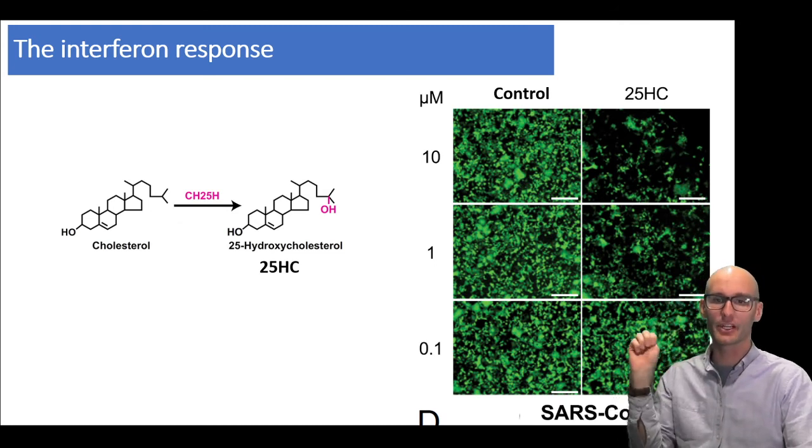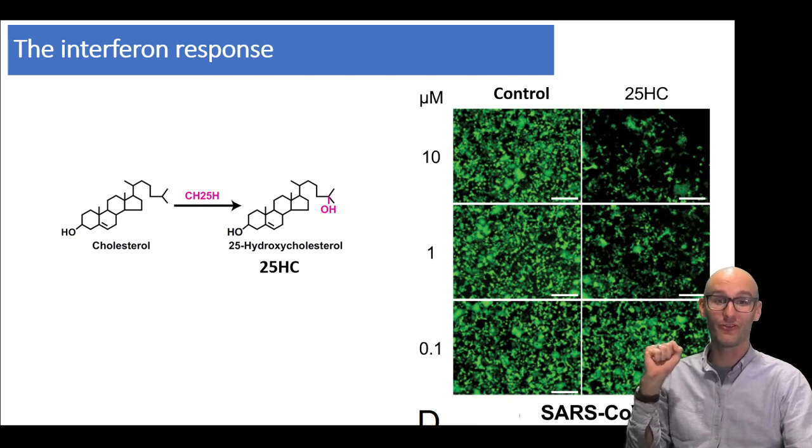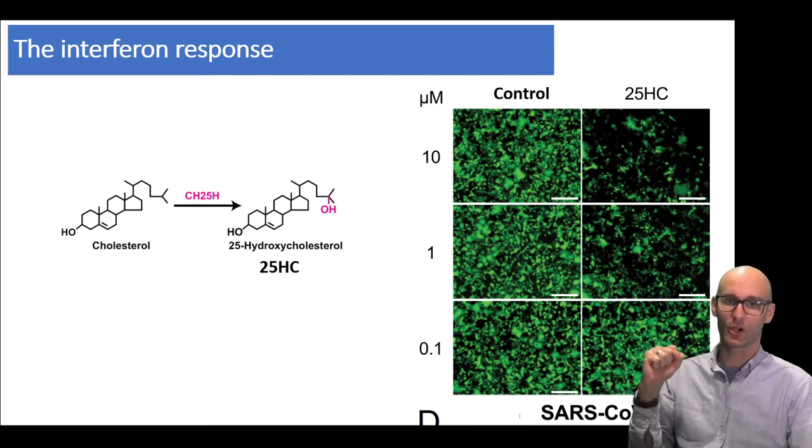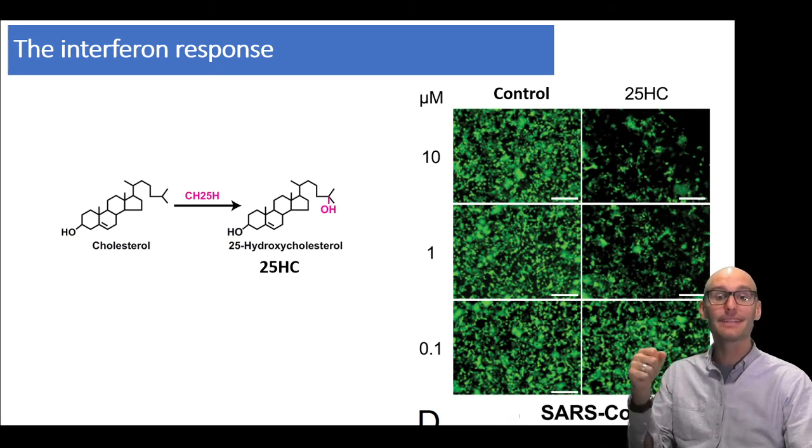And you can see as you increase the concentrations of regular cholesterol, you do not change the infection abilities of SARS-CoV-2. But here, they've increased the concentration of the hydroxycholesterol. And you can see as we go from 0.1 micromolar to 1 micromolar to 10 micromolar, so as we increase the concentration of 25 hydroxycholesterol, we decrease the ability for the virus to infect the host.